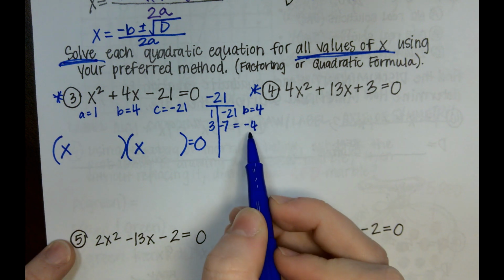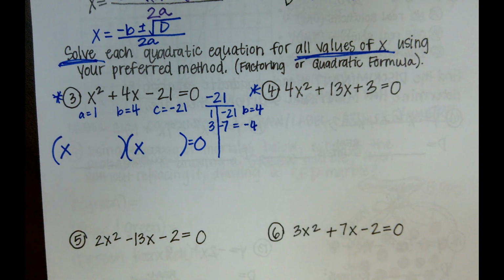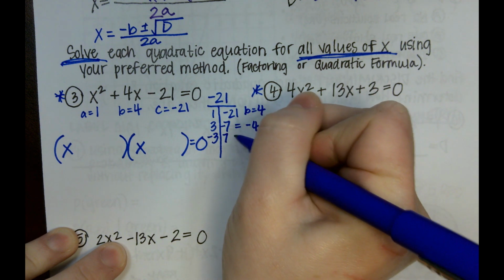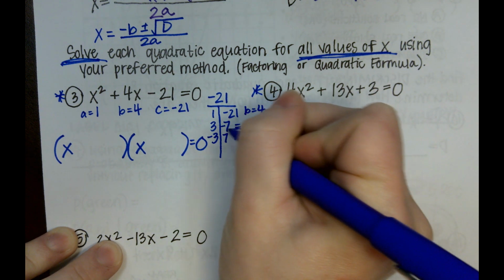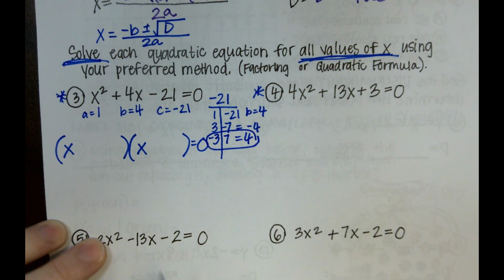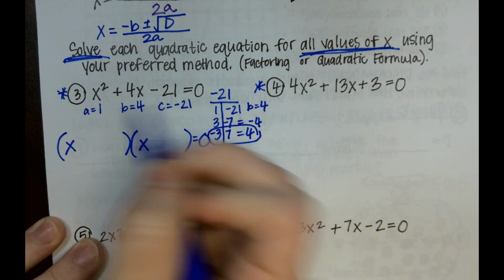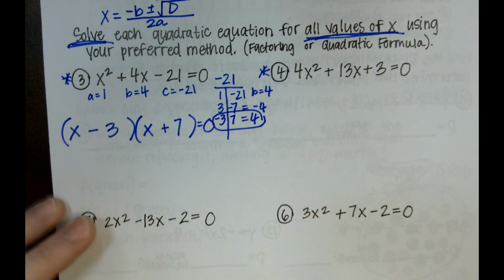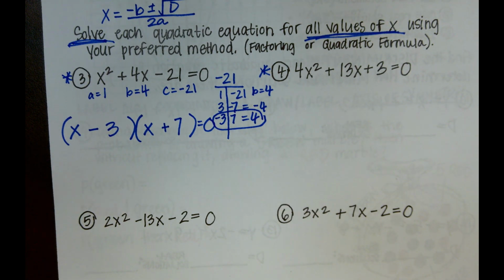If we get the right number but the wrong sign, all we have to do is switch the signs. Let's try negative 3 and positive 7, and we get positive 4. So what goes in my parentheses? x minus 3, x plus 7. So I have factored my quadratic equation.